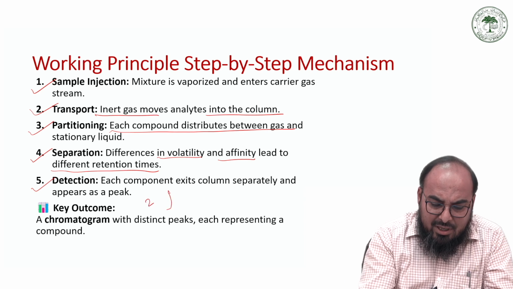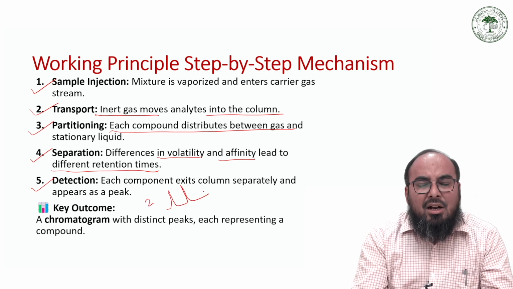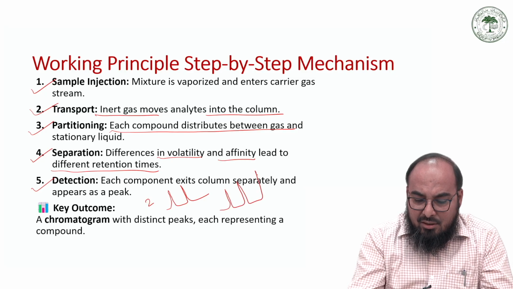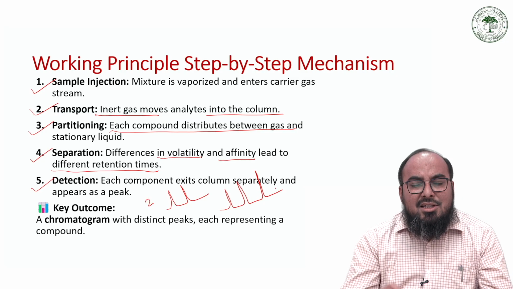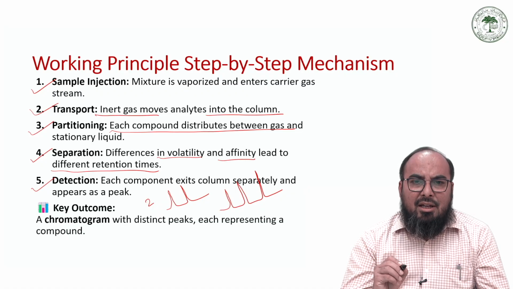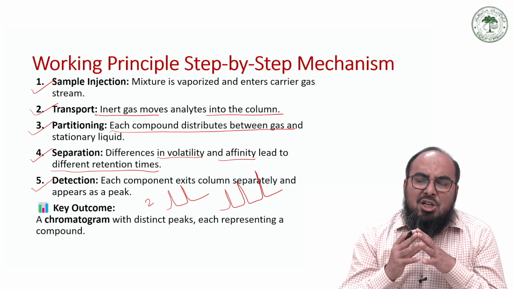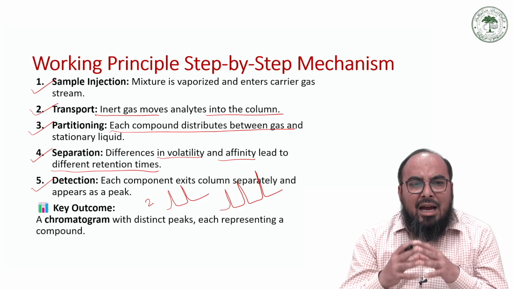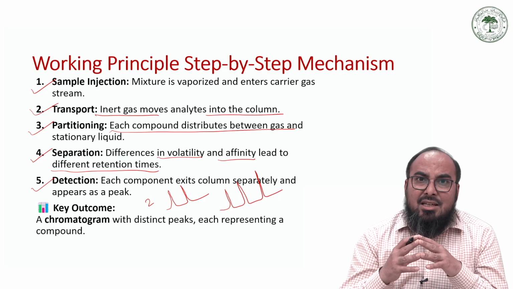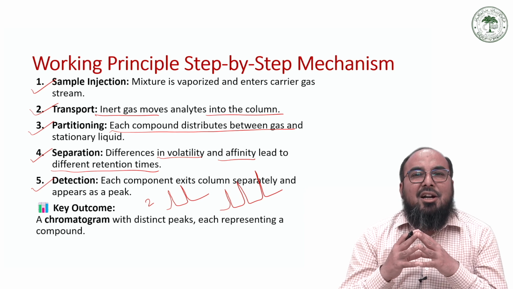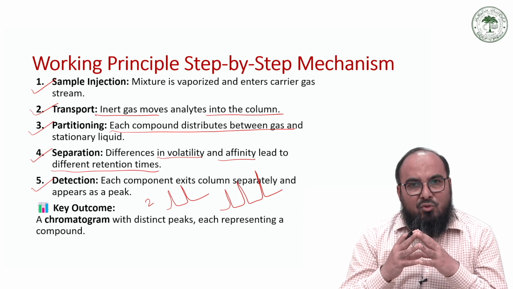If your sample contains a 3 component system, you will get 3 peaks. Now, this gives you an identification, and it also gives you a quantitative idea, because the area under each peak gives you the amount of that particular component present in your volatile sample. I am emphasizing volatile every time, because this technique is very good for the detection of volatile samples.